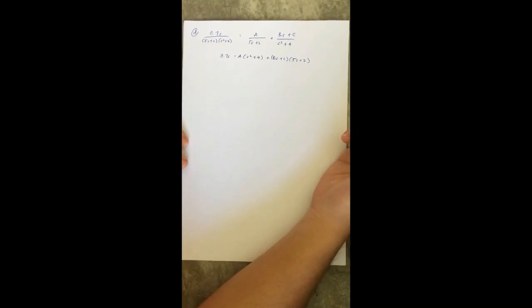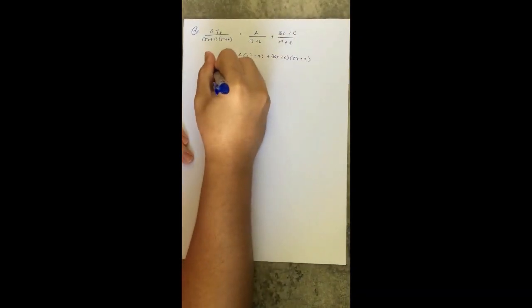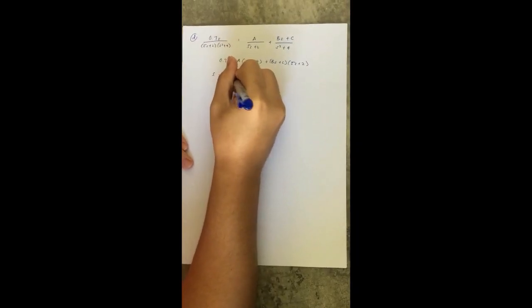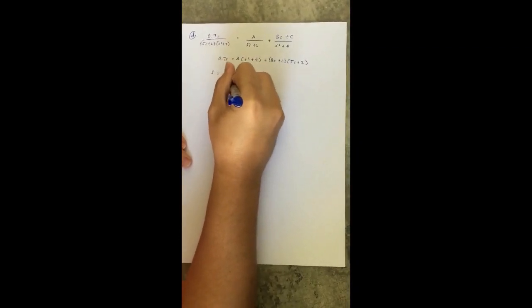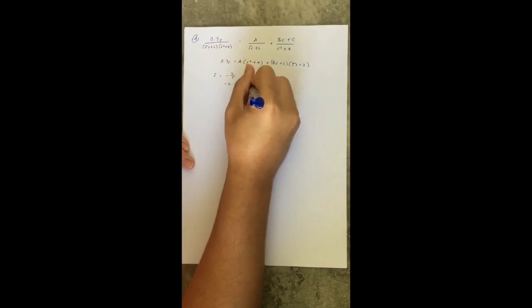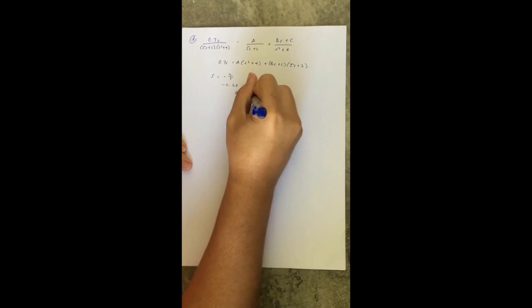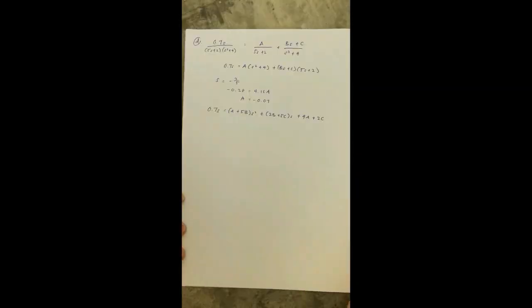As for part D, we assume S equal to negative 2 over 5 to find the value of A, which is A equal to negative 0.07.